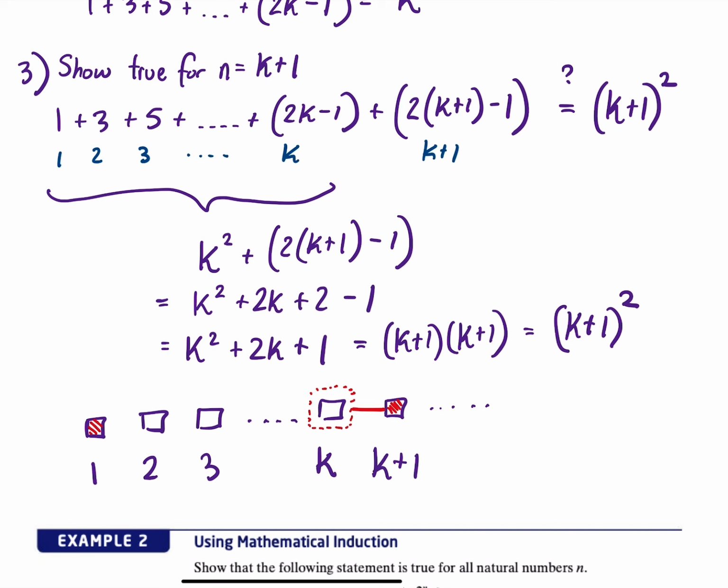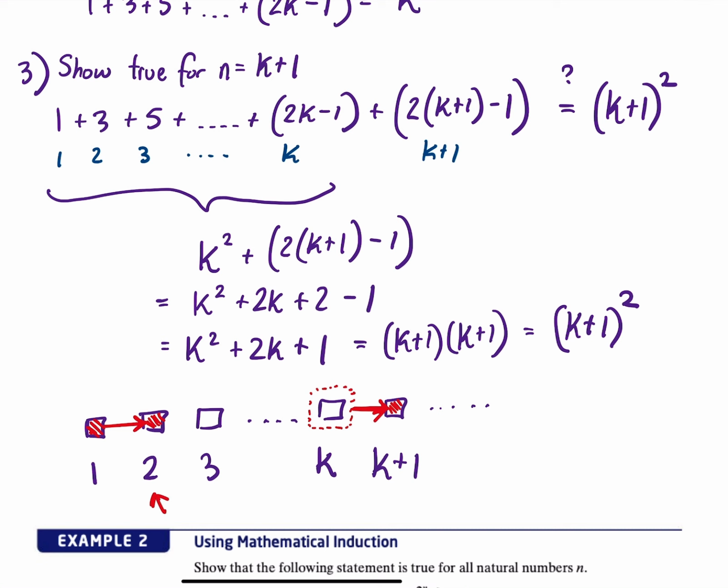So how does this prove that it's true for all natural numbers? Well, if we believe that if the previous term is true, the next term is true, based off of our work in step 3, then we can go back and say let k equal positive 1, since we do know for sure that it's true for 1. And we showed in general in part 3 that if it's true for one term, it will be true for the next one. 2 would be our k plus 1.